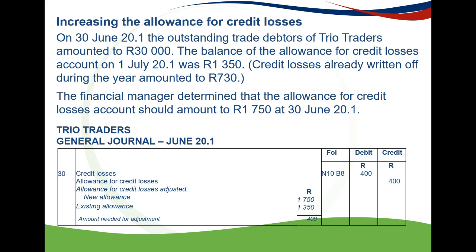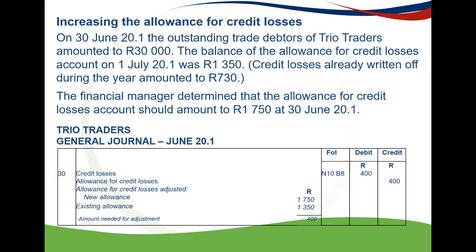If suddenly we have more debtors that might not be able to pay us, then we will have to increase that allowance. But if we have a year where our allowance must come down, then we will again have to adjust it so that our allowance is the correct amount.